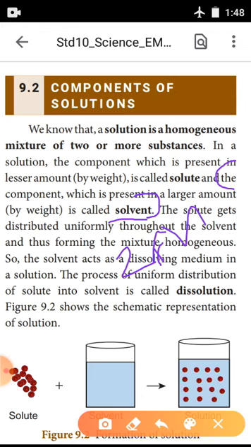Give the example of solvent. Yes, very good. The solvent is water. The liquid particles, that is a solvent. Give the example of solute. Yes, very good. Solid particles, for example, salt and sugar. Is it clear?